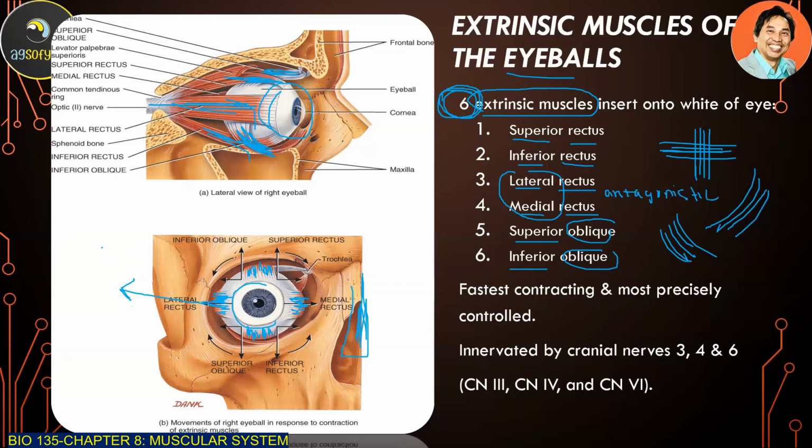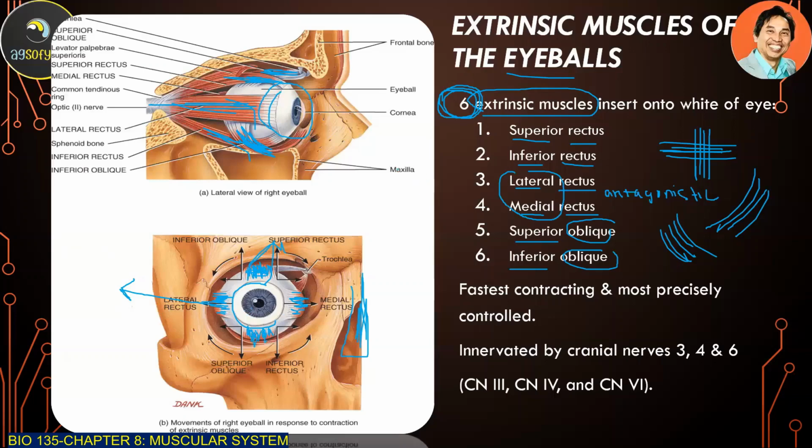So if you want to move your eyeball out, then lateral rectus will be contracted, the medial rectus will be relaxed. If you want to move your eyeball up, which one has to be contracted? It's going to be the superior rectus. The inferior rectus should be relaxed.